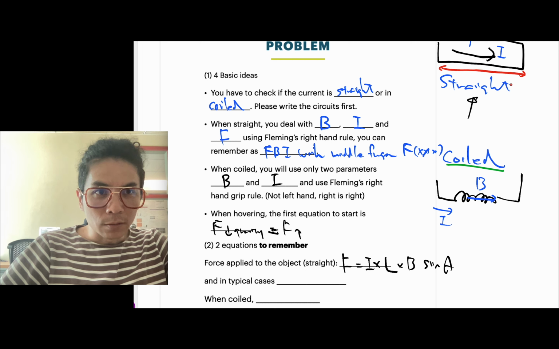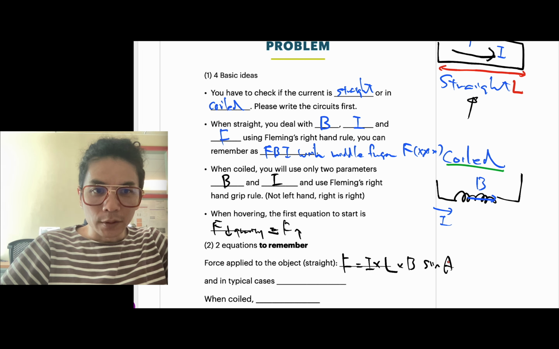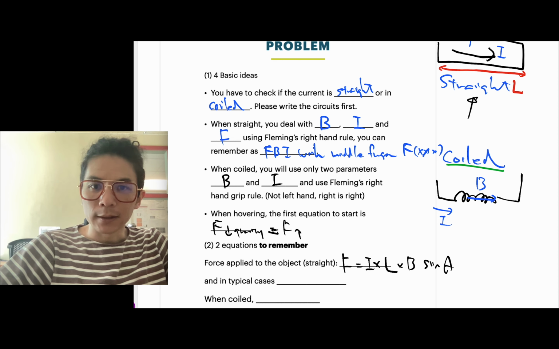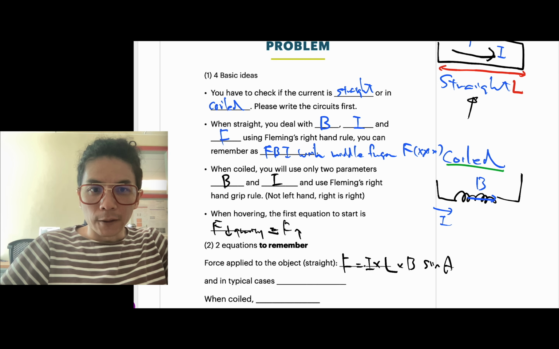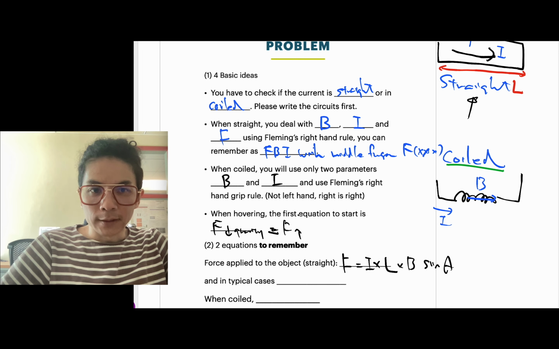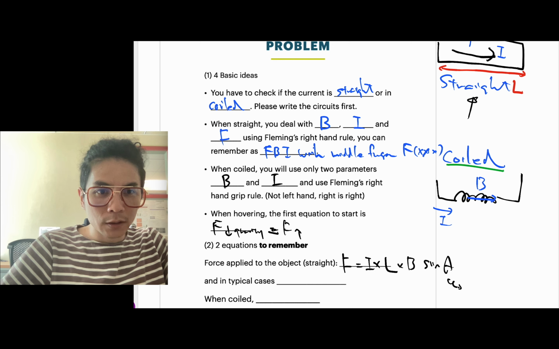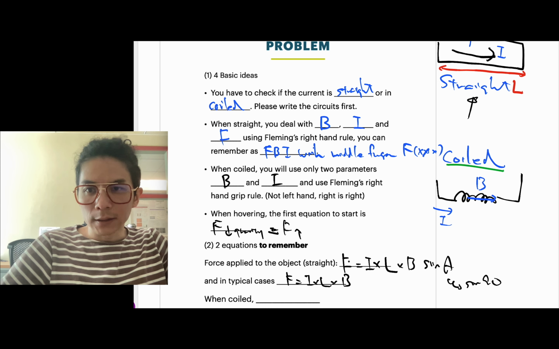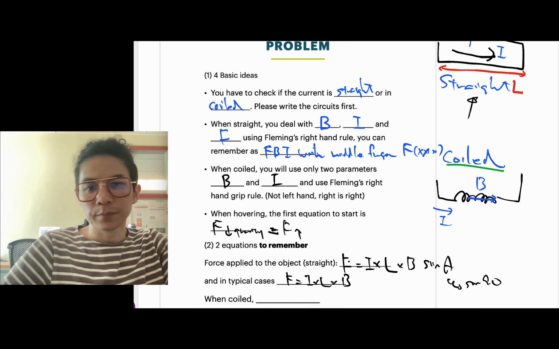And you want to put sine theta, but most likely in this type of hovering case, since I and B are perpendicular, sine theta is going to be sine 90. So you can write F equals I multiplied by L multiplied by B, just for simplicity. I think this is most likely what you want to use here.